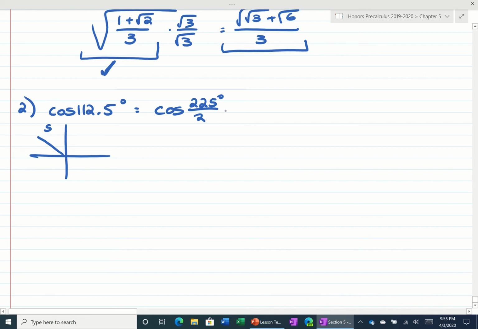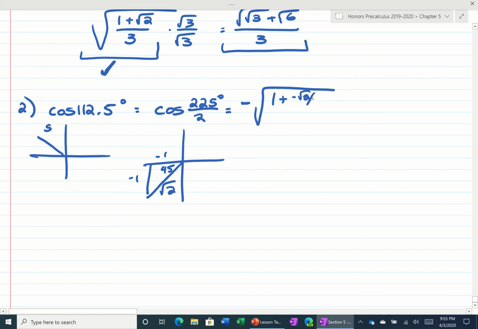All right, so remember what we said. The answer's got to be negative because we're in the second quadrant, and it's going to be the square root of 1 plus the cosine of 225, divided by 2. So 225 puts us over here, 45 degrees, -1 over root 2. So the cosine would be negative root 2 over 2.